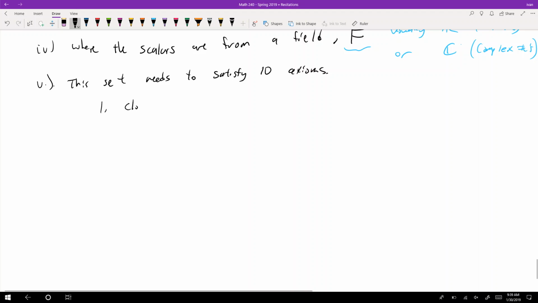So the first one is closure under addition, closure under scalar multiplication. There's, I think, associativity of addition.